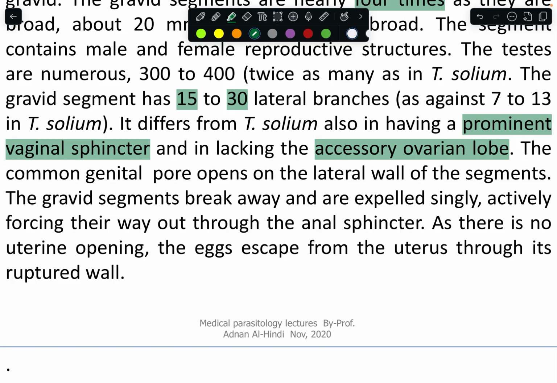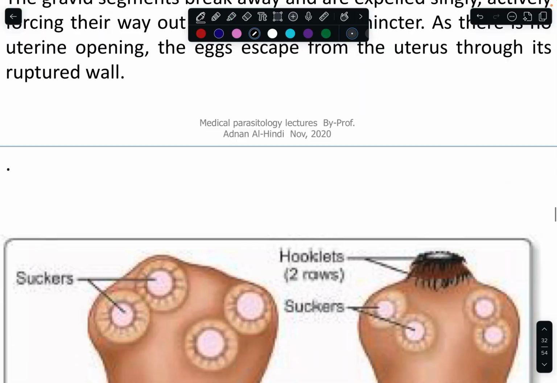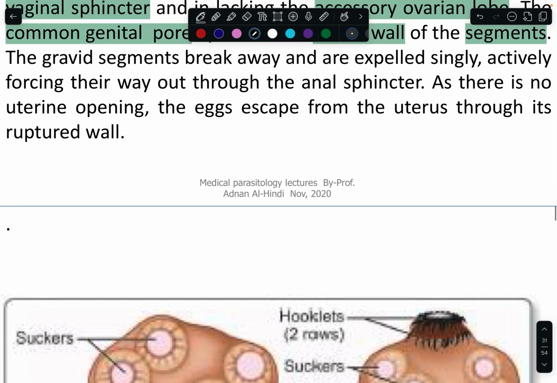The common genital pore opens on the lateral wall of the segments. So here is the worm, much longer than this, of course.